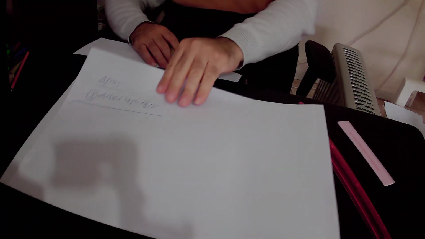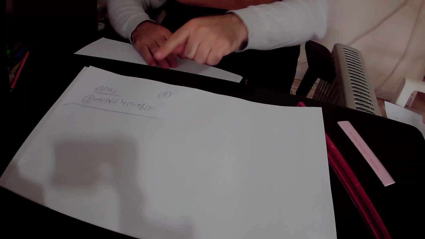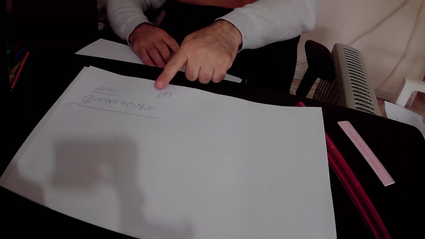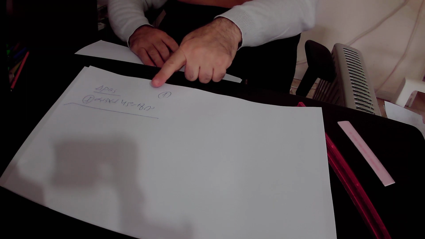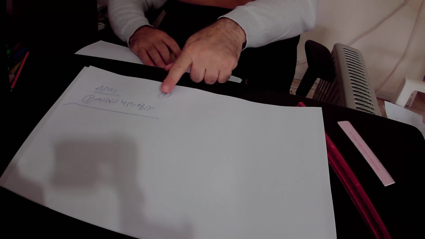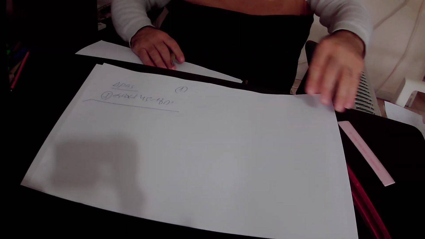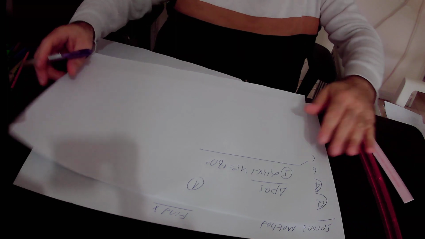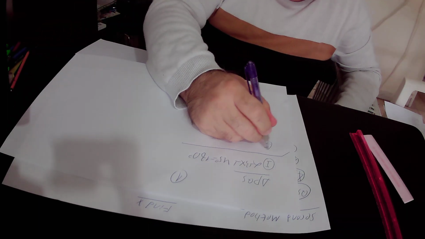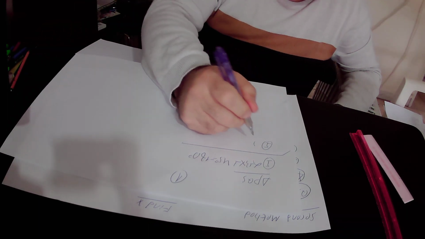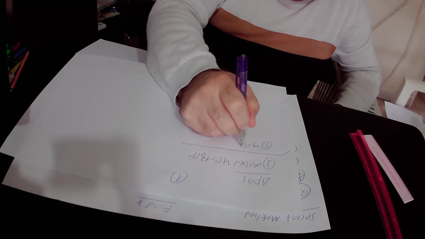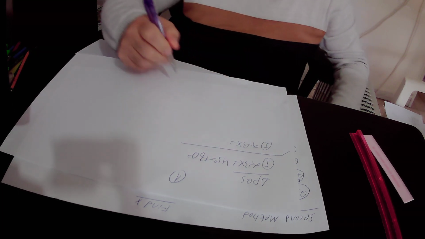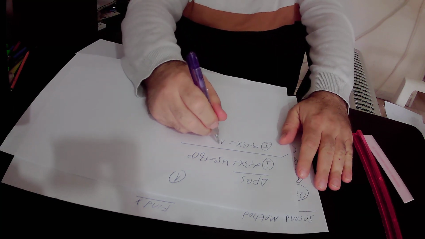I repeat again, the sum of the angles in triangle PQS must be equal to 180 degrees. That is to say, alpha plus 3x plus 45 degrees must be equal to 180 degrees. We will subtract 45 degrees from this equation number 1, and we will get that alpha plus 3x equals 180 degrees minus 45 degrees, which is 135 degrees.